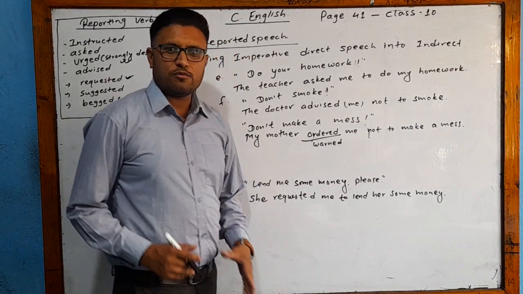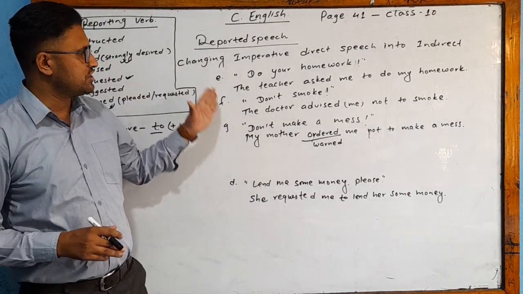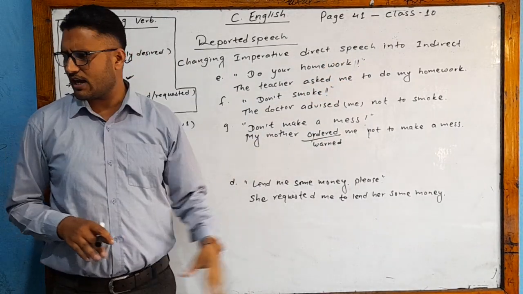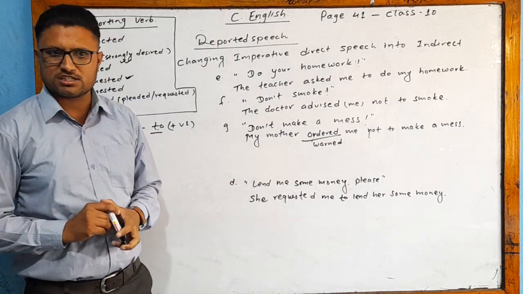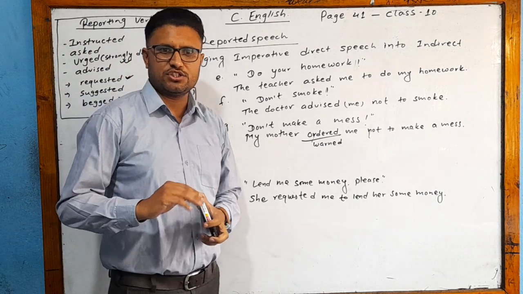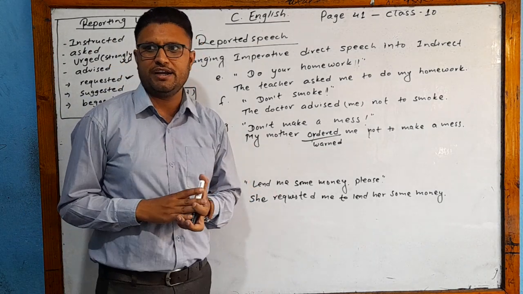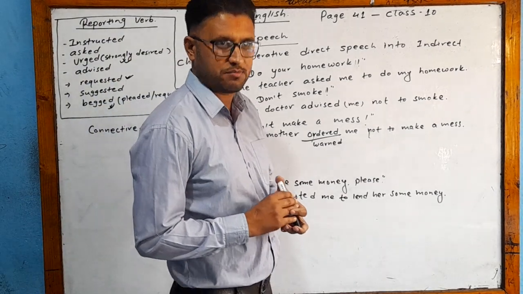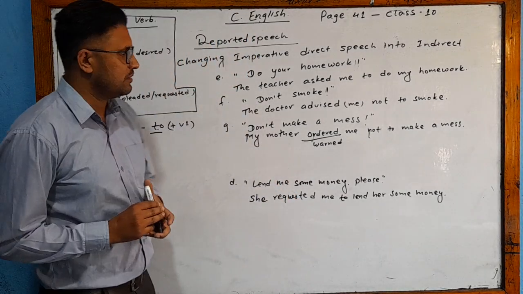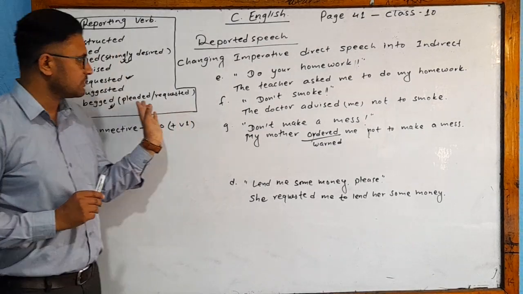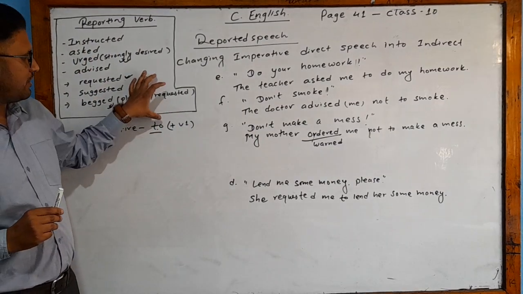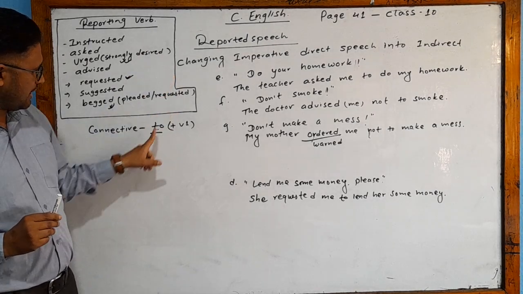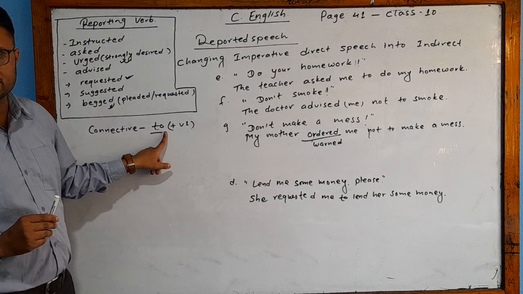All right, I hope you got how to change imperative direct speech into indirect. There are many other imperative sentences that can be changed into indirect speech. So the main thing is the reporting word in this kind of sentence and the connective.